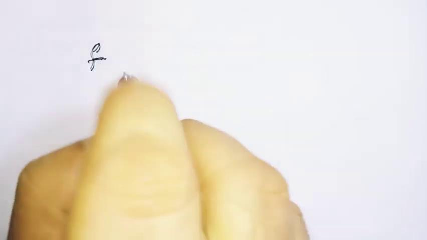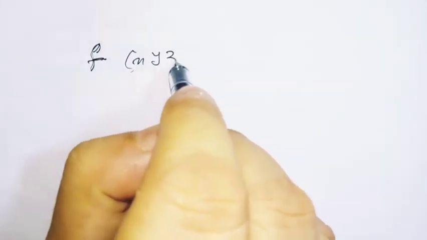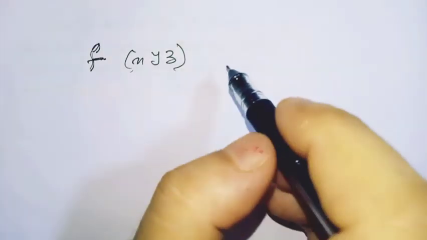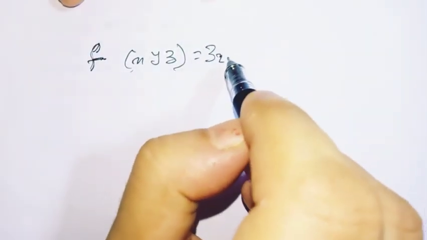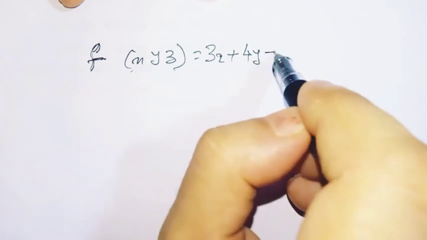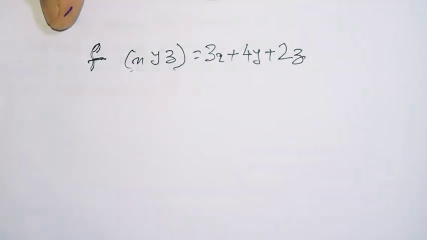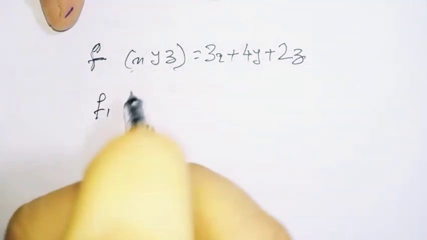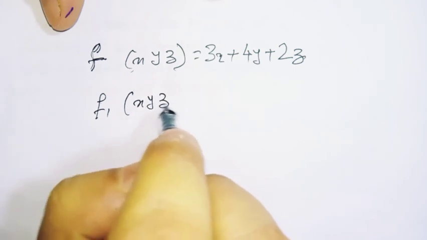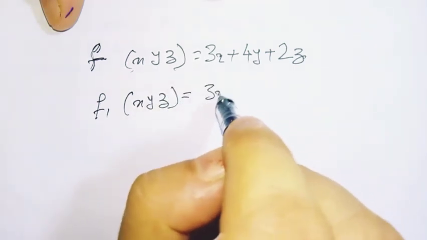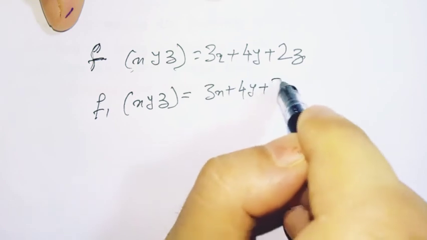So obviously, what you can understand from here is that if we are talking of linearity, then this part will also be the same. If I take a function f of three variables x, y and z, and give it a value of 3x plus 4y plus 2z, we can call this f1(x, y, z) equals 3x plus 4y plus 2z.